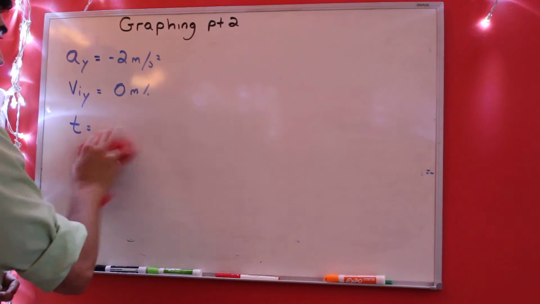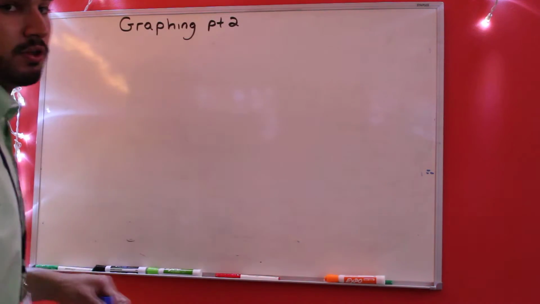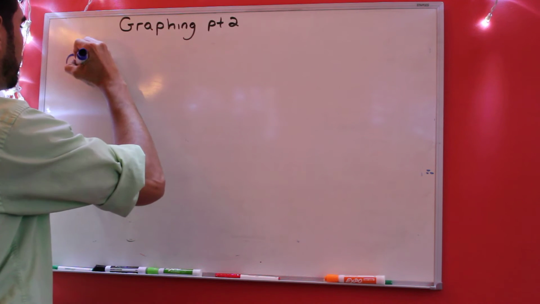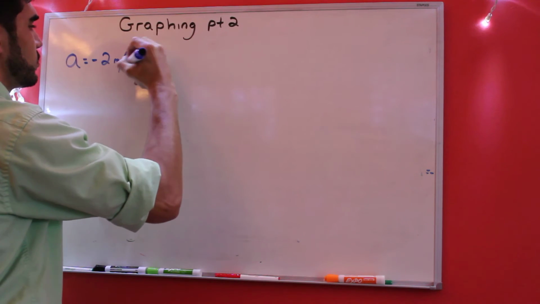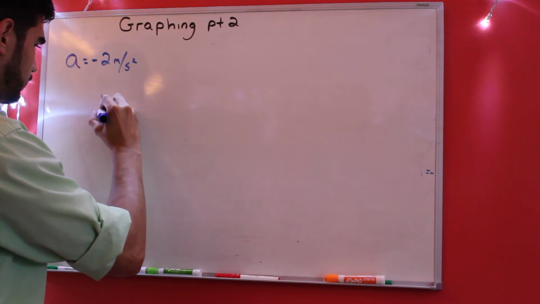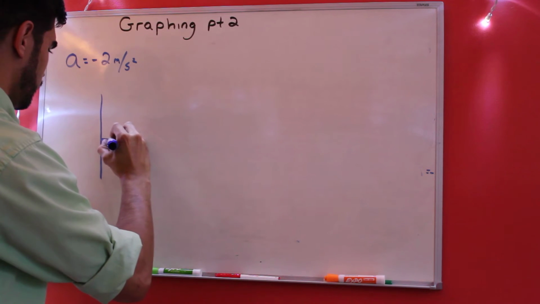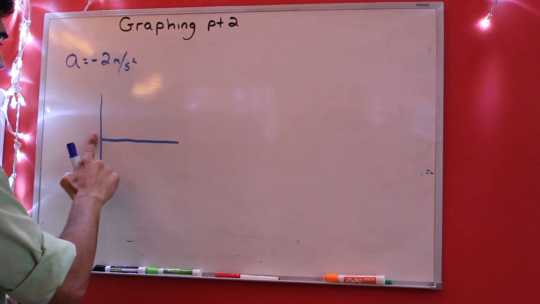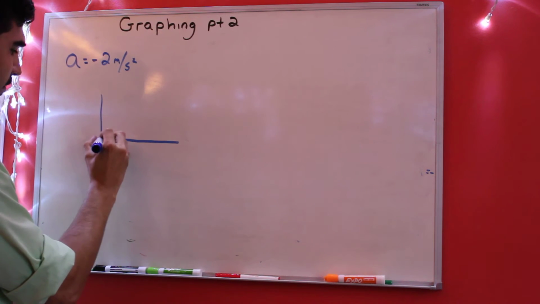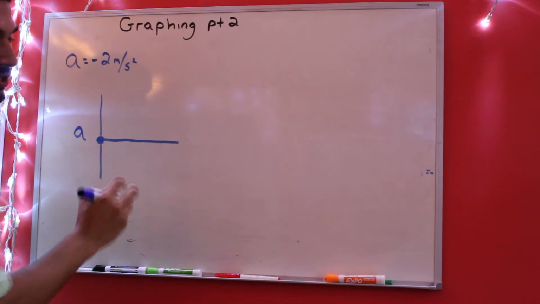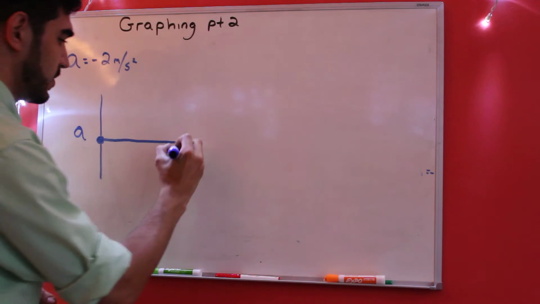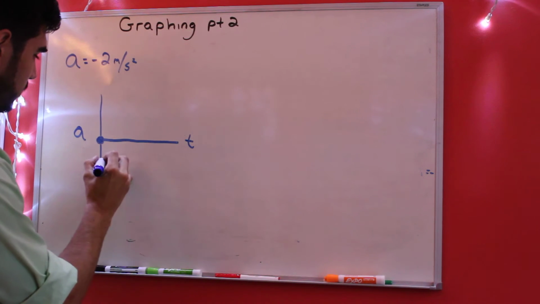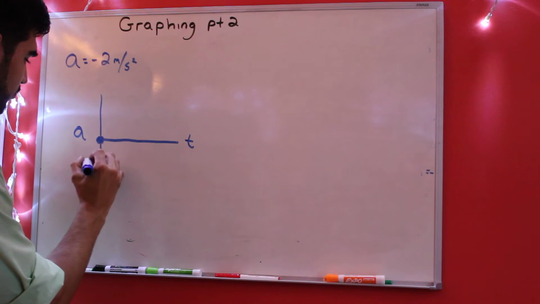But in any instance, what you can then do is go like this. If we know our a equals -2 meters per second squared, and we'll define this as my origin right here, and we'll say that acceleration is on my dependent variable, my y-axis, t equals my x-axis, and I'm going to say that this point right here is equal to -2.